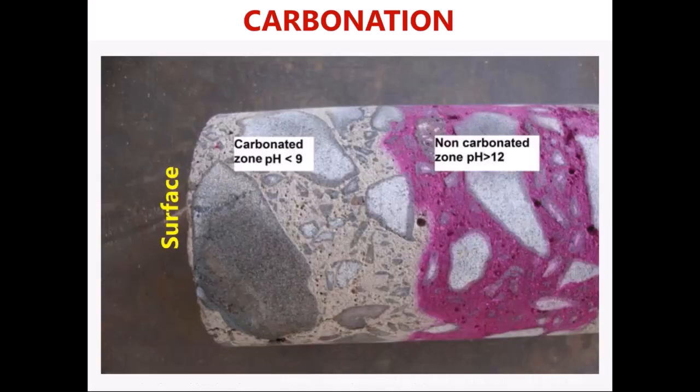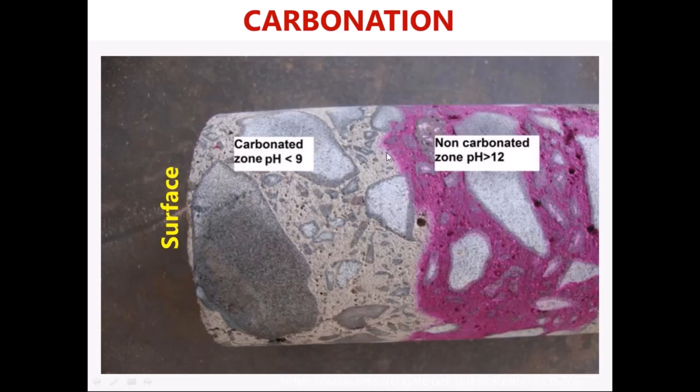In hand sample, you can visually determine where carbonation starts and stops. This is a core taken from a sidewalk. So this end of the core was the sidewalk surface. And by applying a phenolphthalein solution, you can see where the boundary is between carbonated paste and non-carbonated paste.